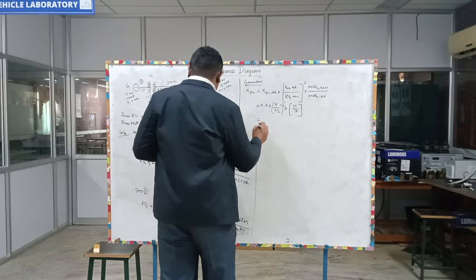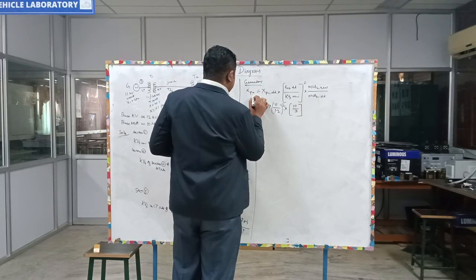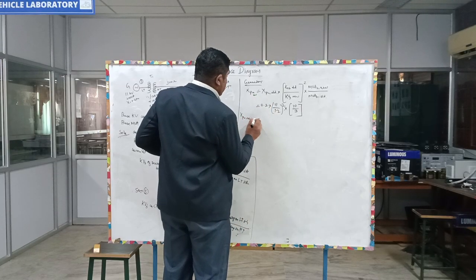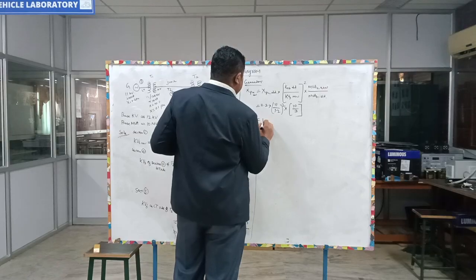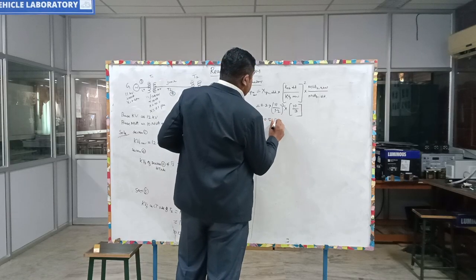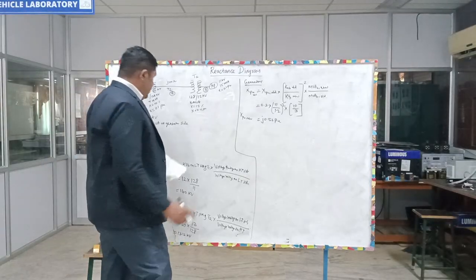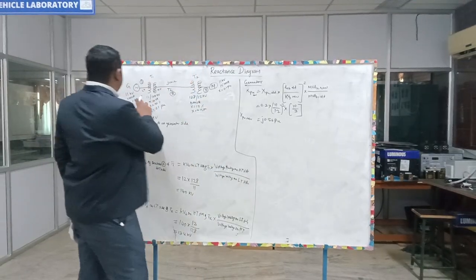If you simplify this, you will get X per unit new as j0.56 per unit.